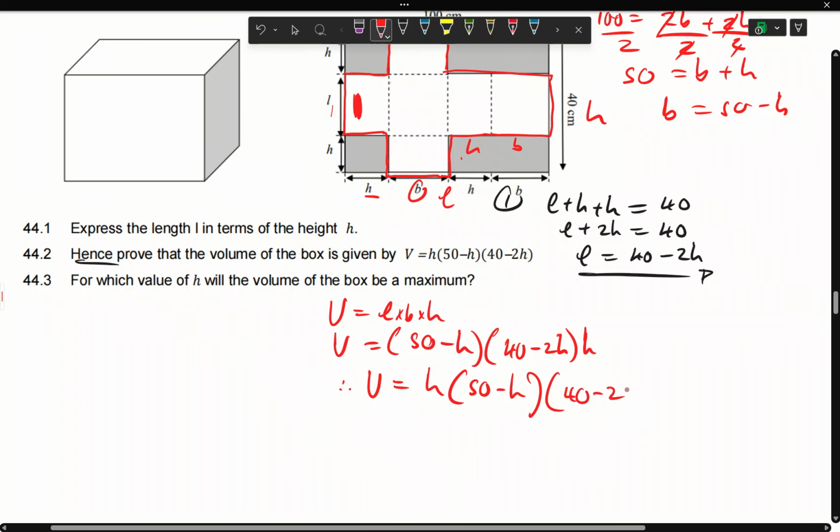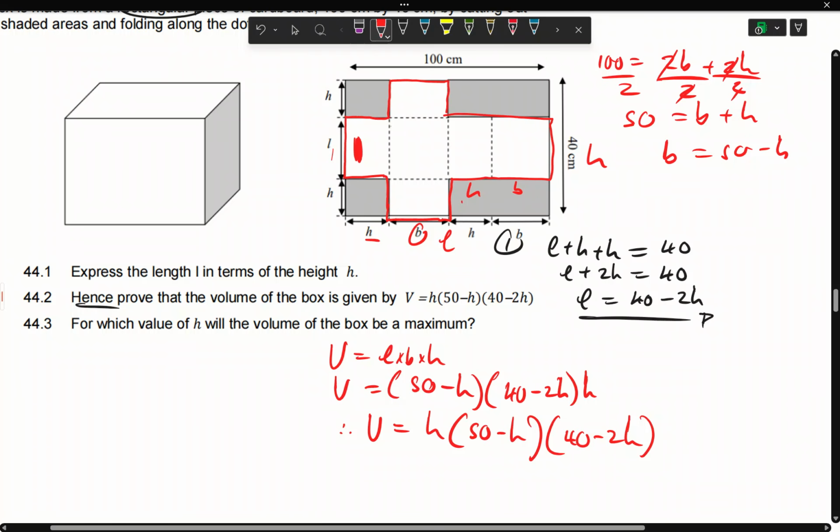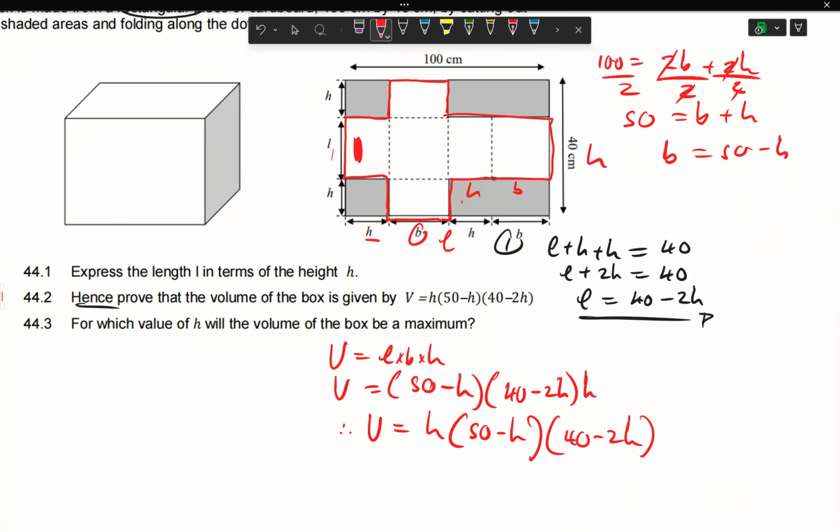times 40 minus 2h there. Guys, I hope you understand what we're doing here. Let me repeat this again. Remember, to find this length here, we're dealing with the white part there, that's where we're looking.